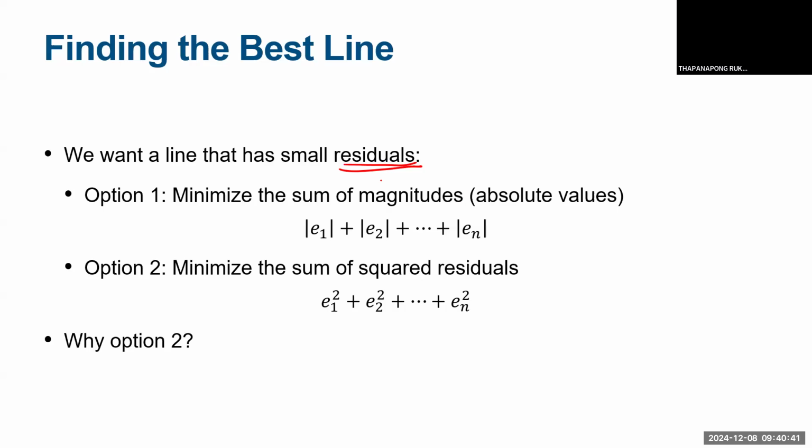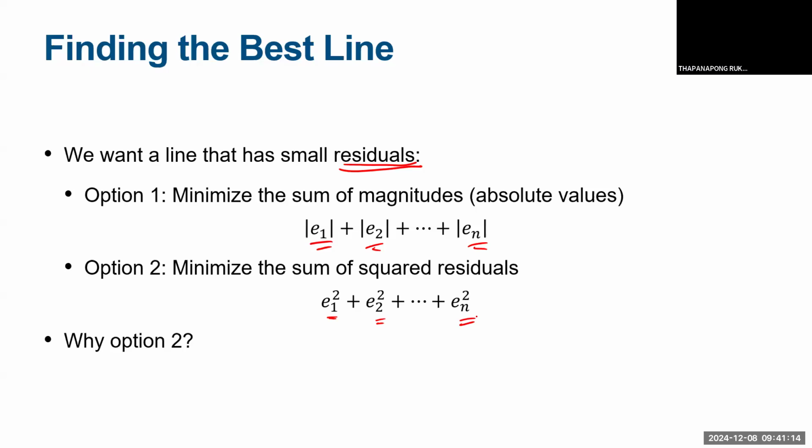There are many options you can use for minimization. Option 1 is to take the absolute value of each term, and option 2 is to take the square of each error. You pick option 2. But why do we pick option 2 over option 1?